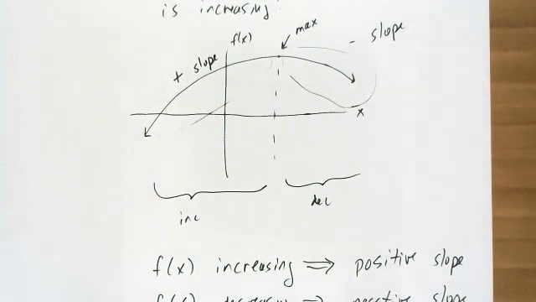So the meaning of a positive slope and a negative slope is the same as an increasing function or a decreasing function. In terms of the meanings of the words, they're sort of interchangeable, and sometimes you'll be asked either one. Some questions they'll say, where is the function increasing? Sometimes they'll say, where is the slope positive?